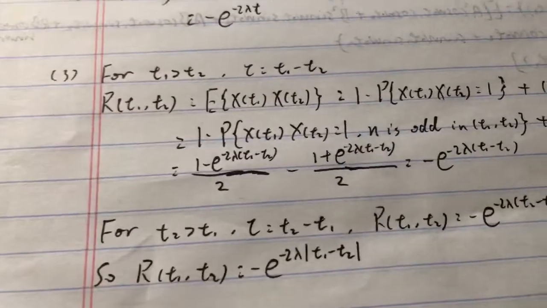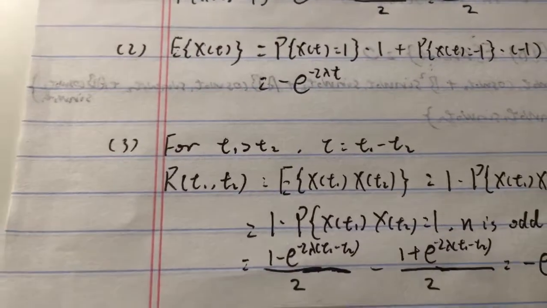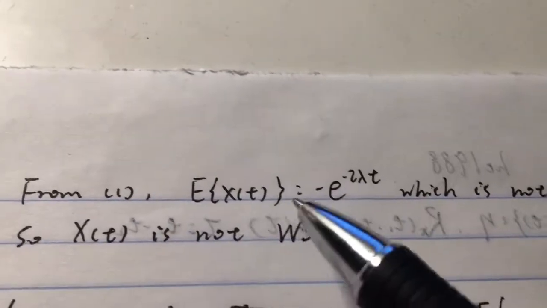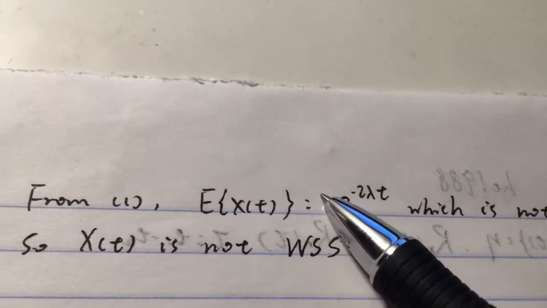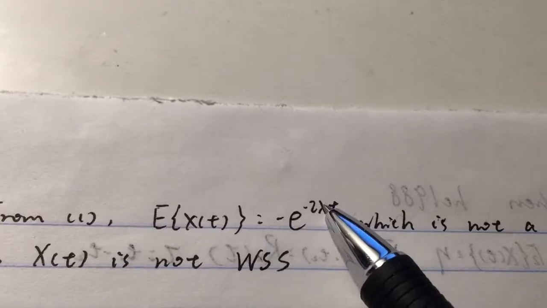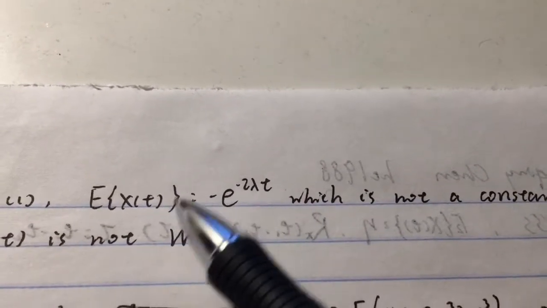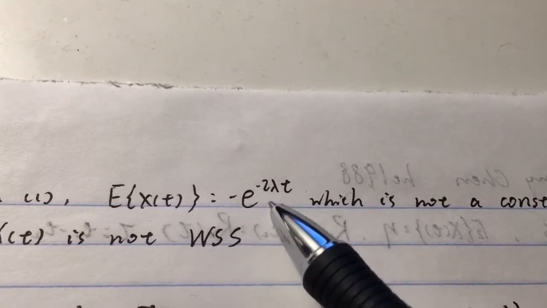And for the final question, we need to find whether X(t) is WSS. We have known from the first question that the expected value of this stochastic process equals this, and the result is related to t.